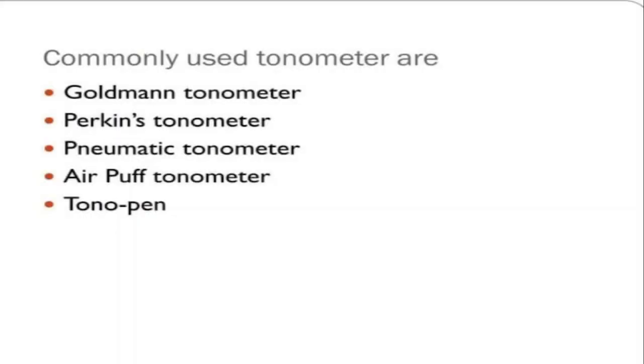Commonly used tonometers are Goldmann tonometry, Perkins tonometry, pneumatic tonometry, air puff tonometry, and Tono-Pens. There are a few commonly used tonometers. Goldmann tonometry, the most commonly used contact applanation tonometry, which is attached to most slit lamp systems.